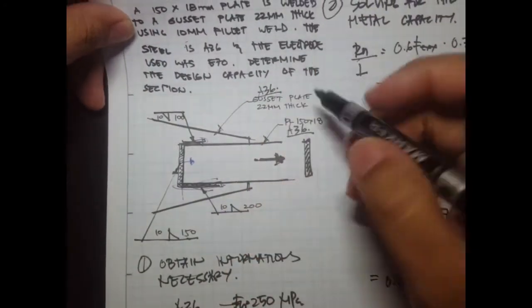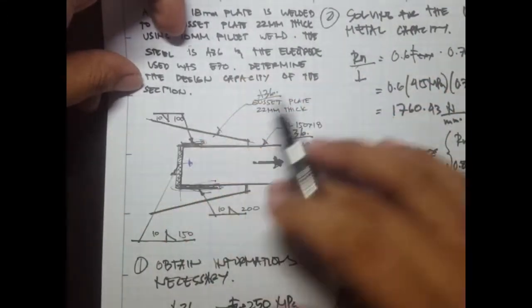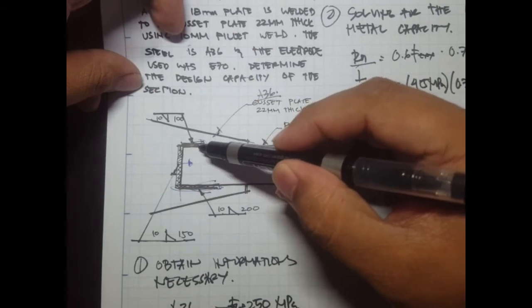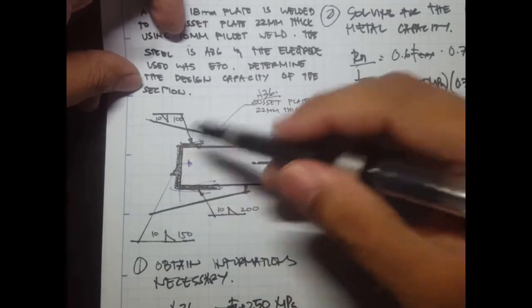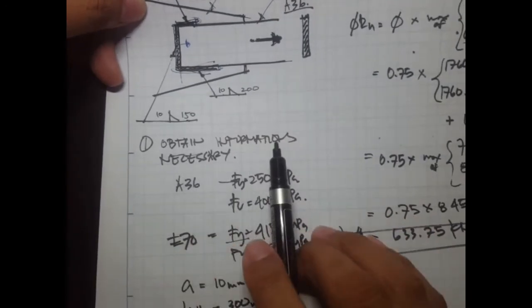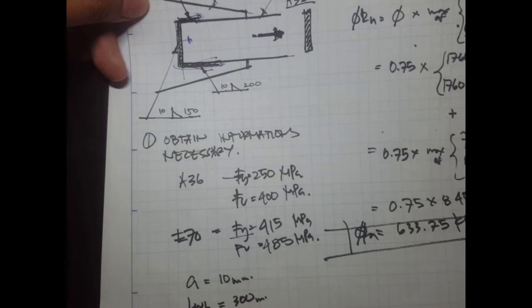Now the problem is we have this situation right here: a longitudinal weld length and a transverse weld length. What we did first is to obtain the necessary information.